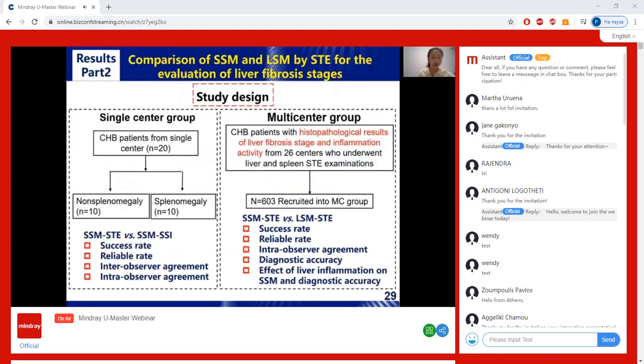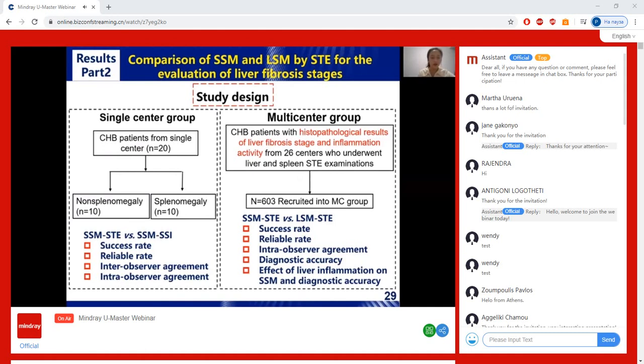Part 2 aimed to assess feasibility and reliability of spleen stiffness measurement performed by STE and to evaluate the effect of liver inflammation level on value and the diagnostic accuracy of spleen stiffness measurement for cirrhosis.